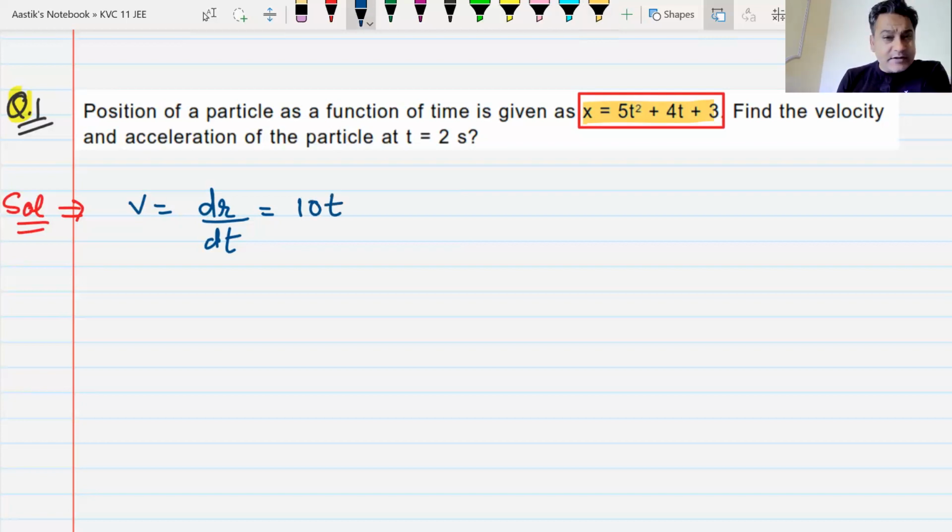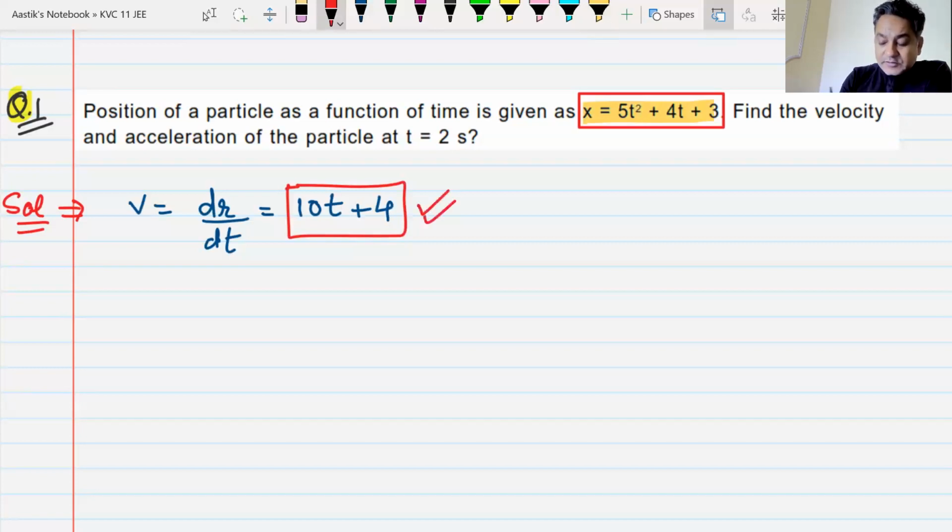Then we differentiate 4t. 4 comes out. Derivative of t is 1. So 4. Then we differentiate 3. The derivative of 3 is 0 because it is a constant. So my velocity is 10t plus 4. Yes or no? You got this?